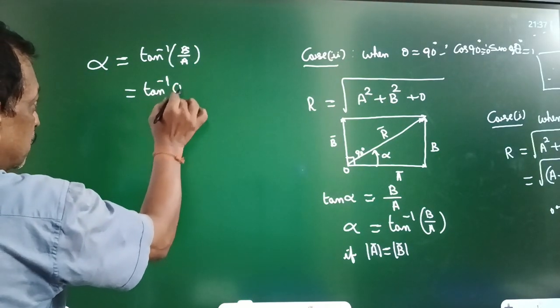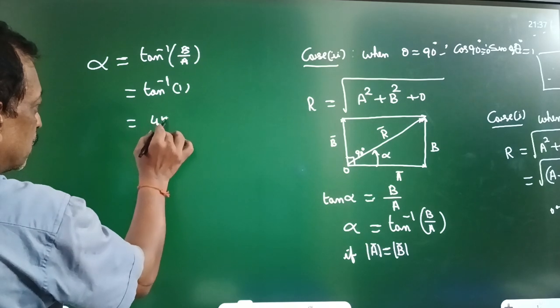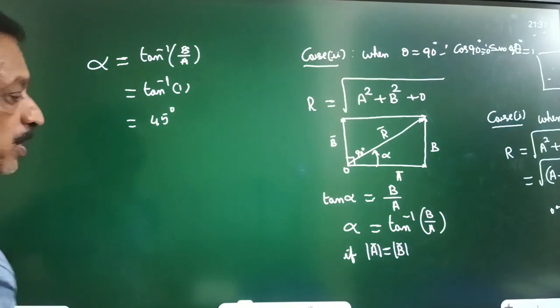Tan inverse of 1 is 45 degrees. Alpha is 45 degrees.